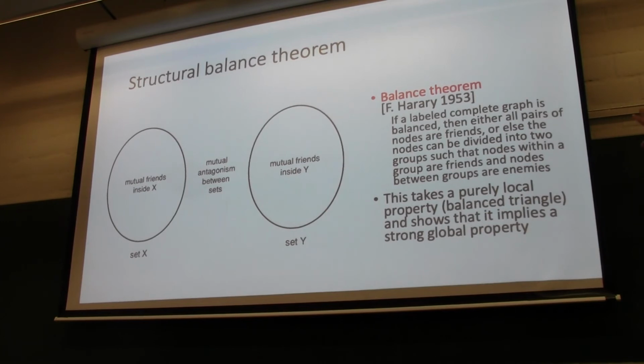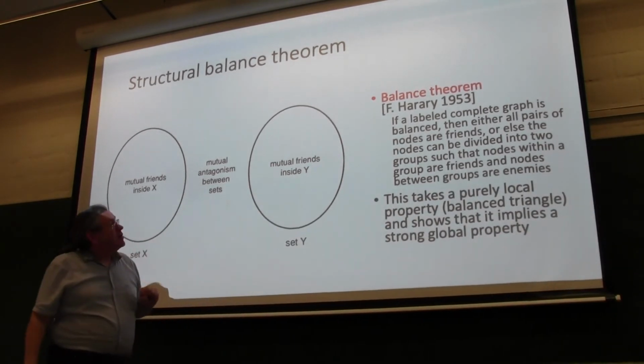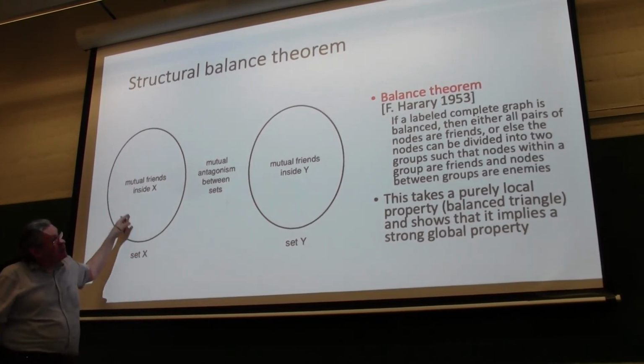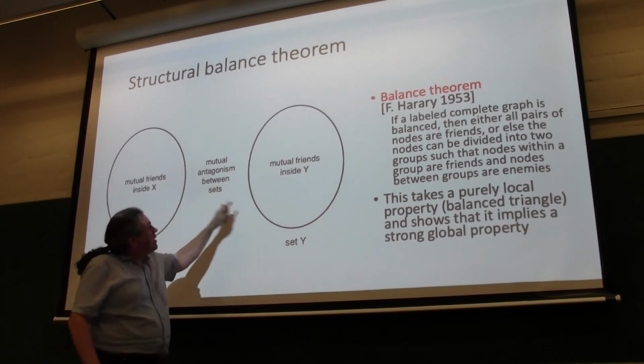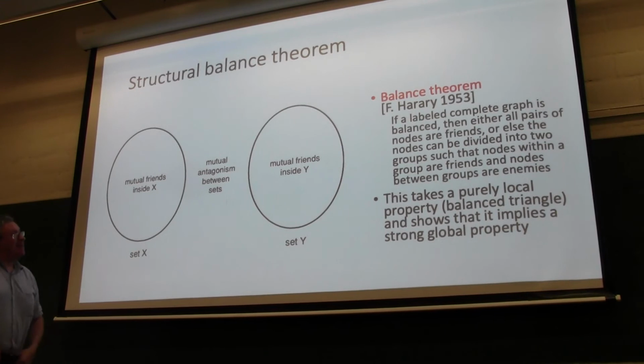We have a labeled complete graph. It's balanced. Then either all pairs of nodes are friends, or the nodes can be divided into 2 groups, X and Y, such that the nodes inside a group are friends, and the nodes between the groups are enemies. Okay?